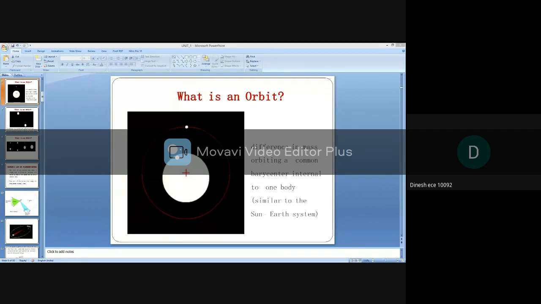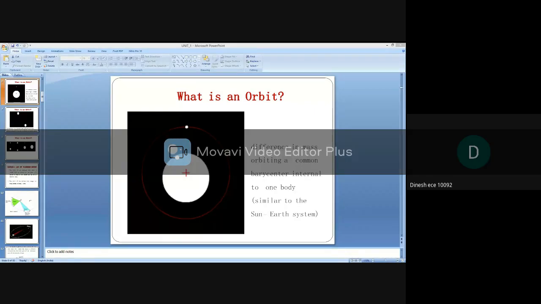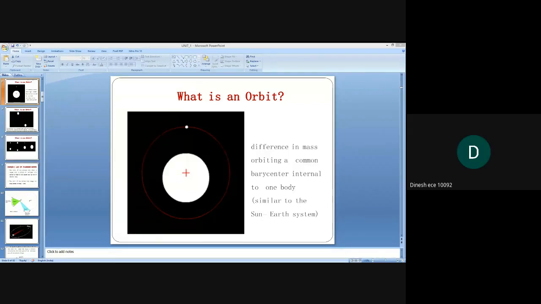Then around that there is a red color ring and a white dot. So this is what we call an orbit. An orbit is a difference in mass orbiting a common barycenter internal to one body, which is similar to the Sun-Earth system. The Sun is at the center, and Earth is revolving around it. So it is an orbit.